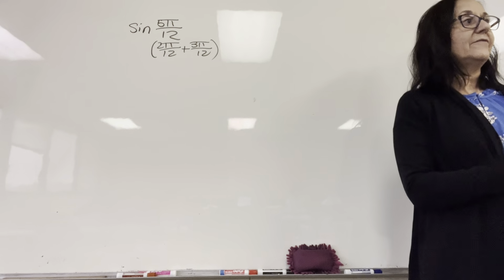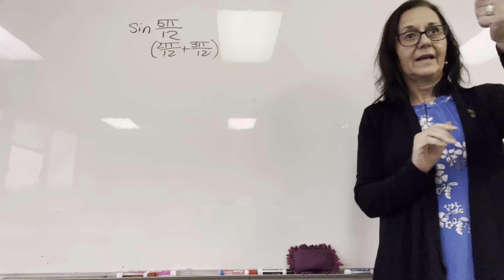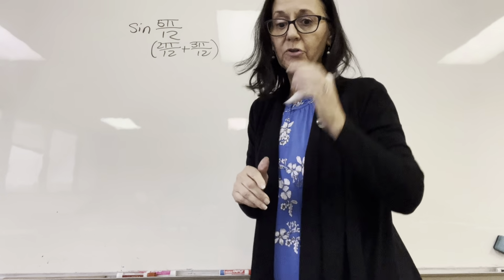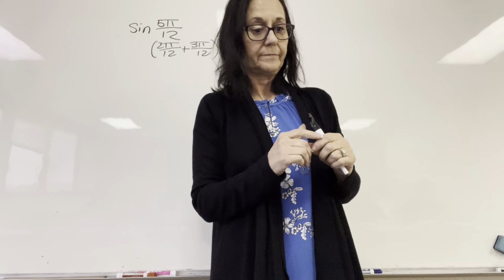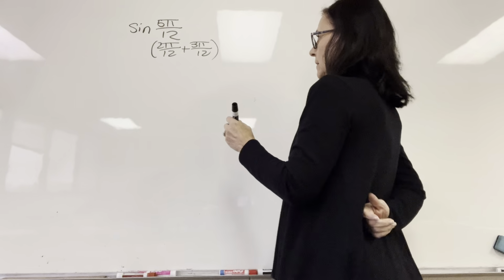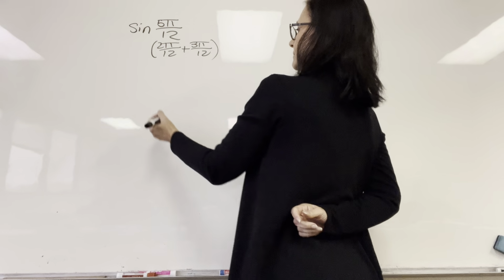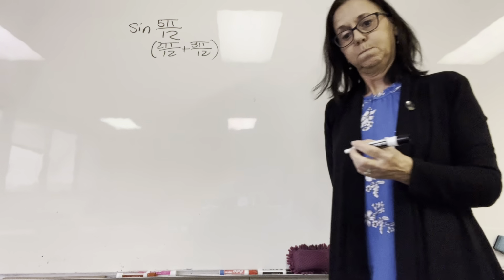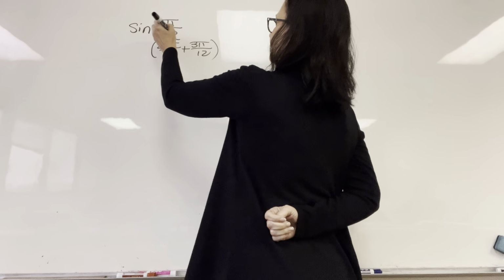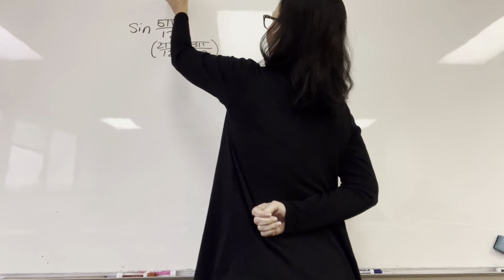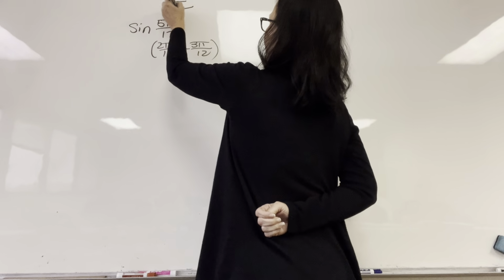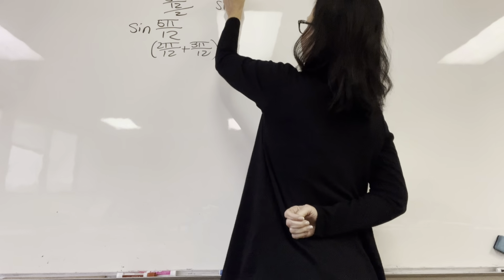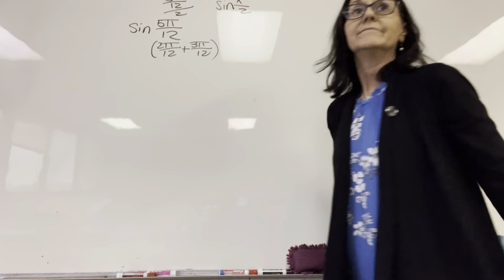We're not trying to find the half angle. That's right. Anytime you're doing the square root, that's the half angle. It'll say find the half. It would have said 5 pi over 12 over 2.